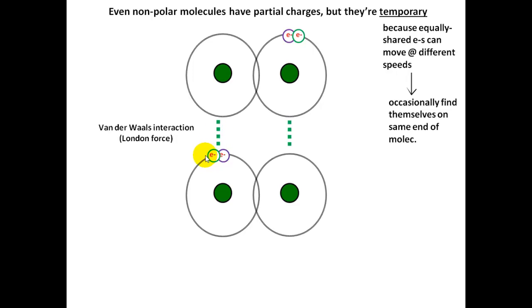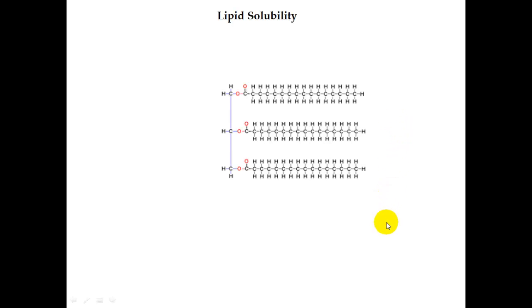All right, so let's redraw this in a different way. If you didn't catch that, a van der Waals interaction, aka London force, is a temporary bond between two nonpolar molecules that can form because of all of this stuff that we just explained. If you keep in mind that nonpolar molecules can have partial charges that are just temporary, that can help explain lipid solubility.